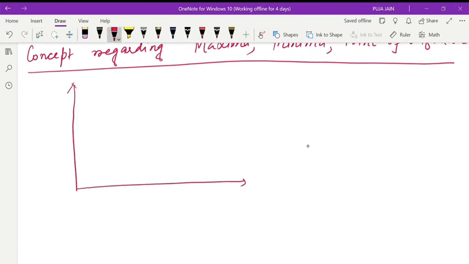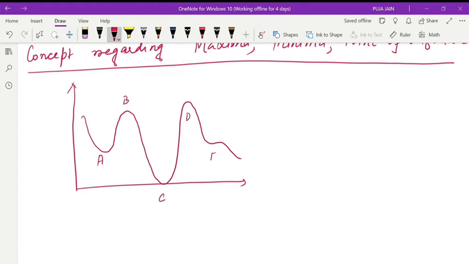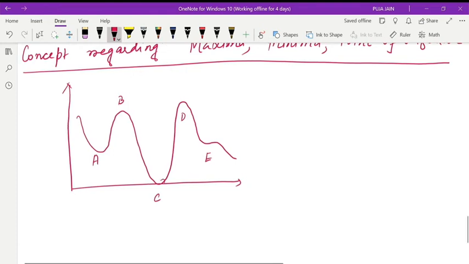Okay. Now suppose I am getting values like this. I am naming the points A, B, C, D, E. Now you see here, suppose a bead is in this position. Now you see this, we can say it is a stable point.